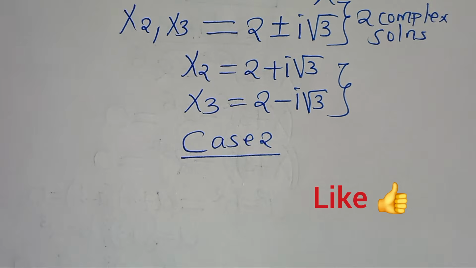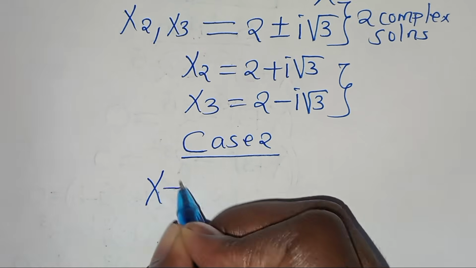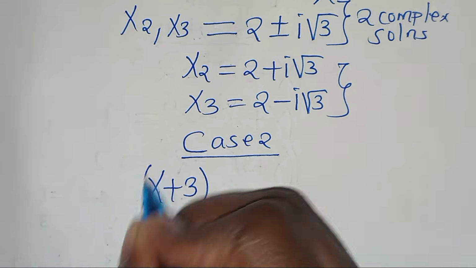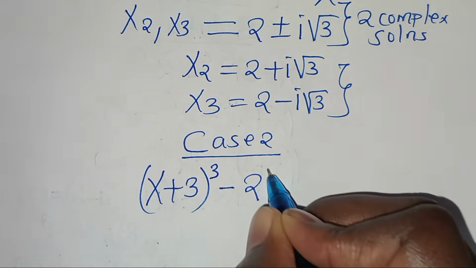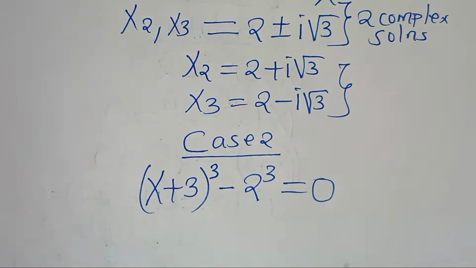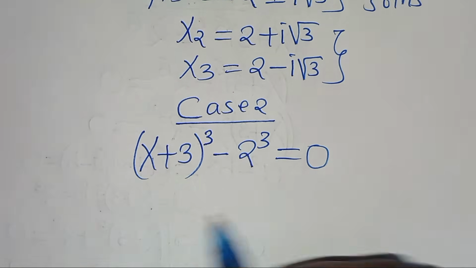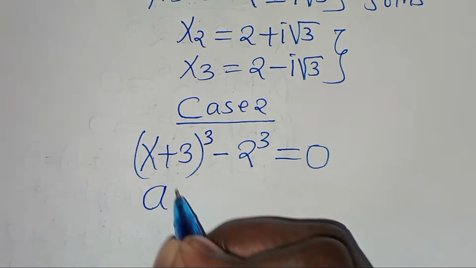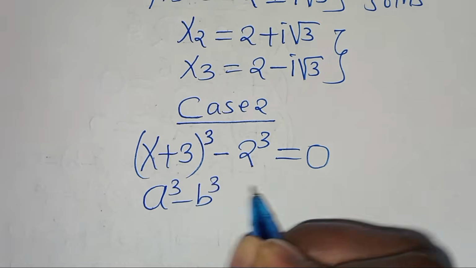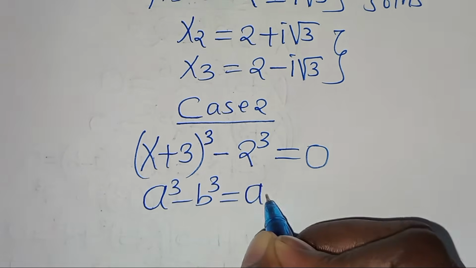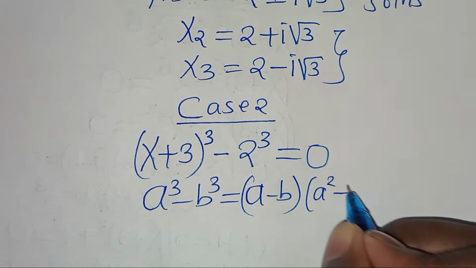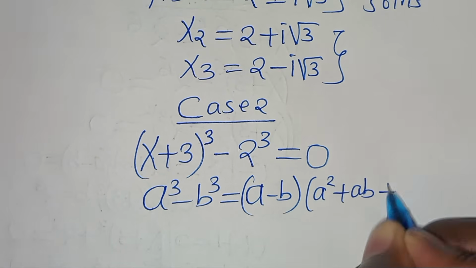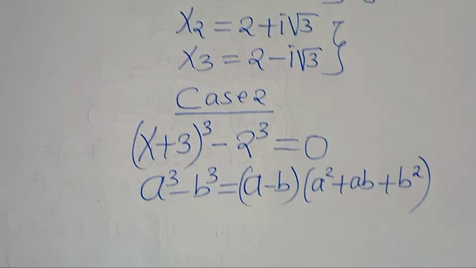Now, in case 2, we have (x plus 3) raised to the power of 3 minus 2 to the power of 3, equal to 0. Now, this is the difference of two cubes expressed as a to the power of 3 minus b to the power of 3, that we can express as (a minus b)(a squared plus a times b plus b squared).